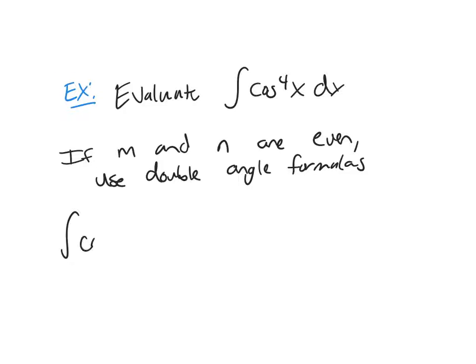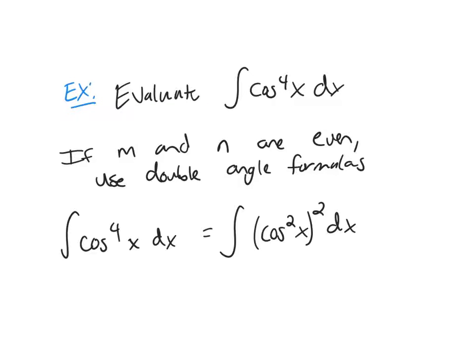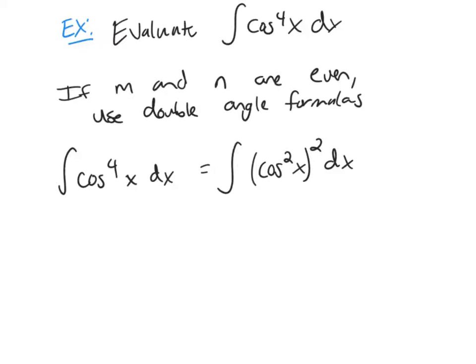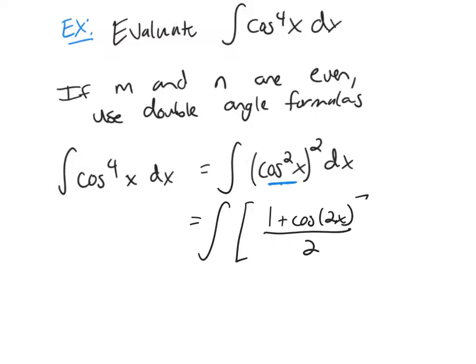So we're going to take this cosine to the fourth and rewrite it as cosine squared squared. And then there was a formula for this cosine squared based on the double angle formulas. So it's 1 plus cosine of 2x over 2.